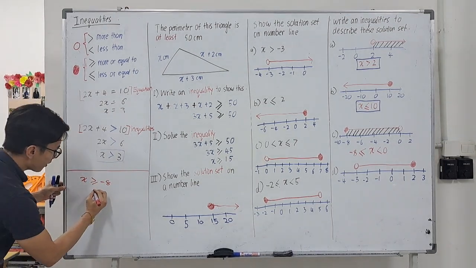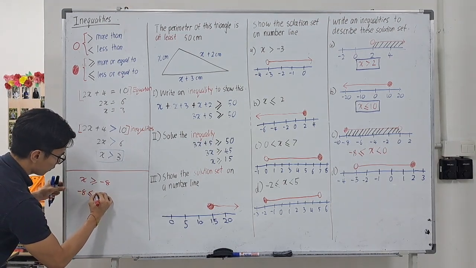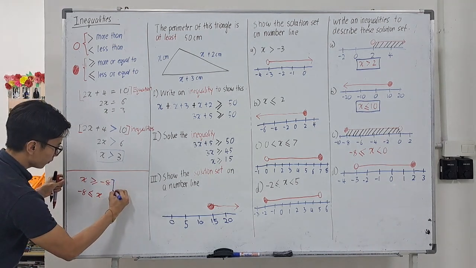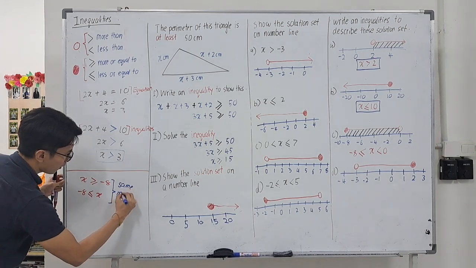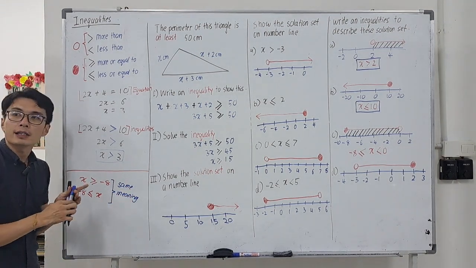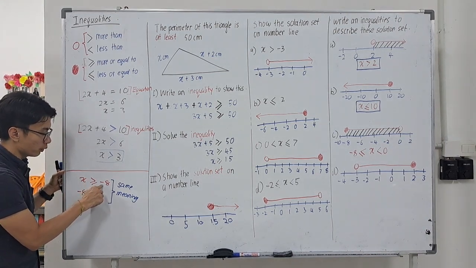But these two over here have the same meaning. Okay? It depends on the direction you're reading it. Like this one is X is more or equals to -8.